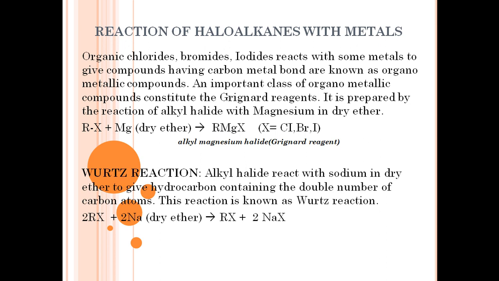The significance of this reaction is that we can use it to produce higher hydrocarbons. Suppose we take the halo derivative of methane, we can produce the hydrocarbon ethane by using this reaction.